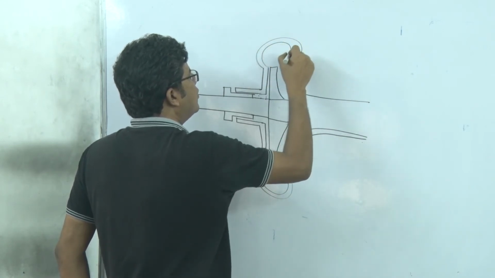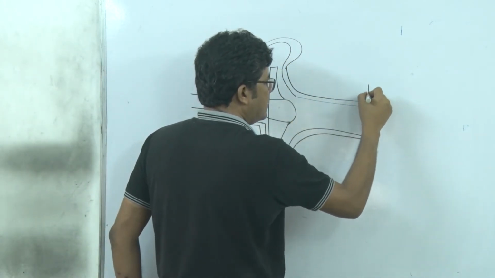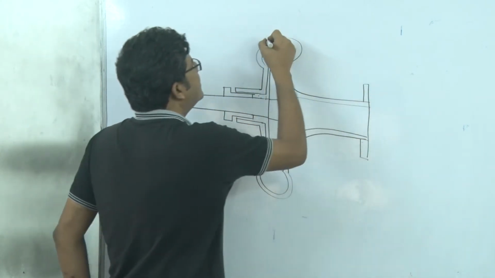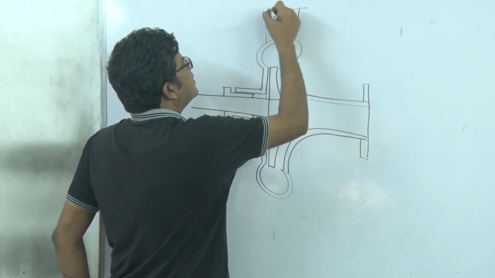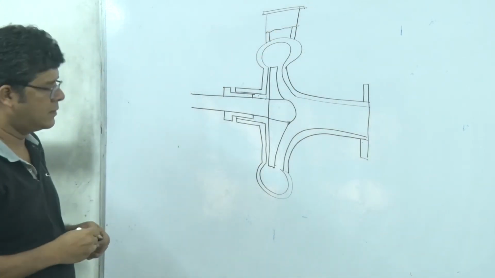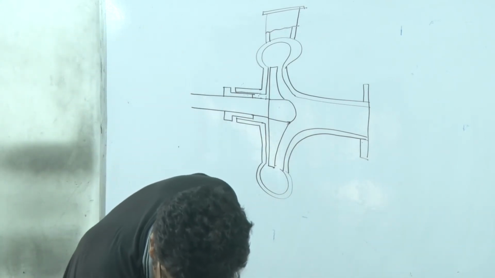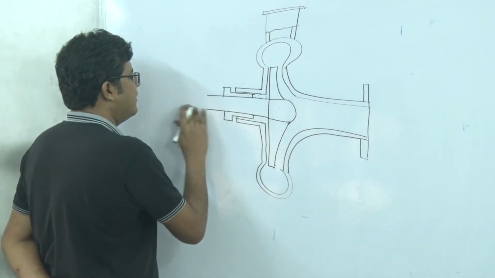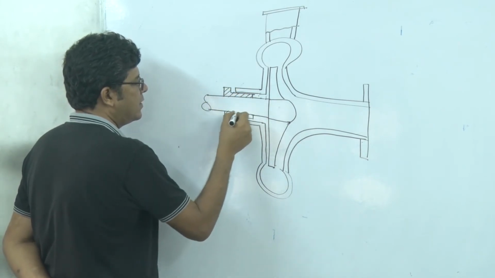In sectional view it looks like this, and that's the inlet line. Here we will have the delivery line. You see, this is the shaft which is connected to the motor. That's the bearing.